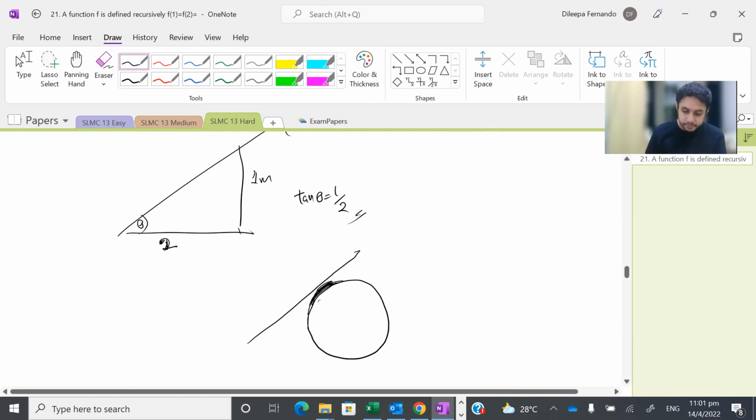So can you say which part of the sphere? So this is the horizontal line. This is the center.